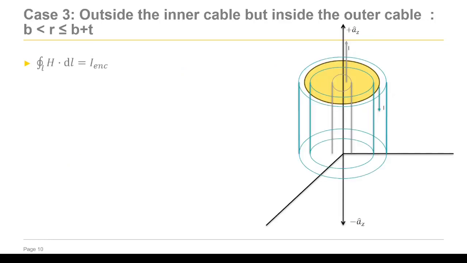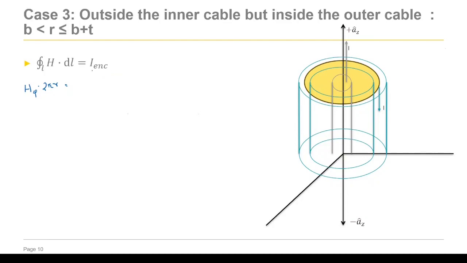Moving further to case 3, where we move into the outer conductor, the left-hand side of Ampere's law turns out to be the same, H phi times 2 pi r, where r right now is between b and b plus t.